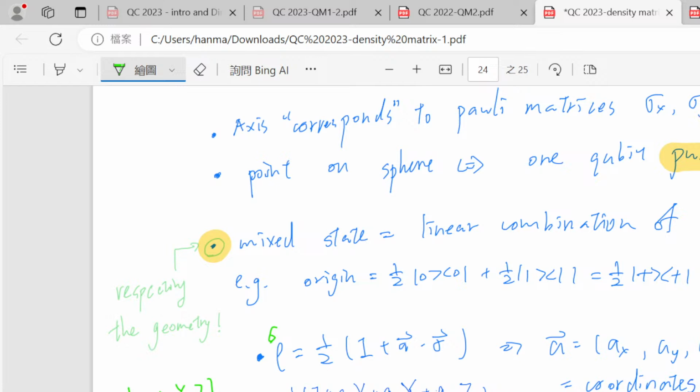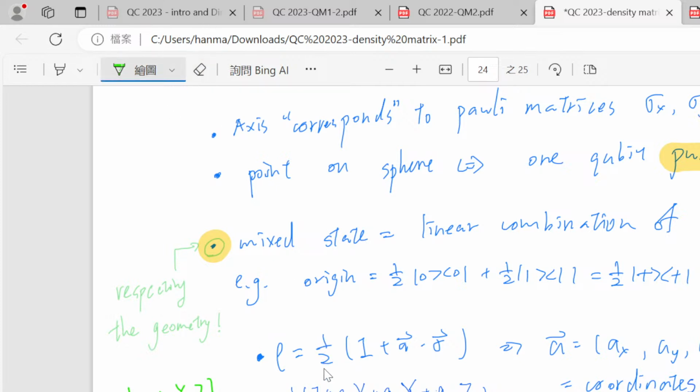The density matrix is positive, so we know it's Hermitian. And so you can write your rho as a linear combination of I, x, y, z. What's special here is the 1 over 2, and this comes from the trace of rho being equal to 1.